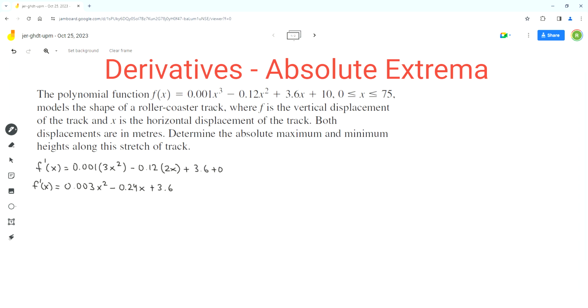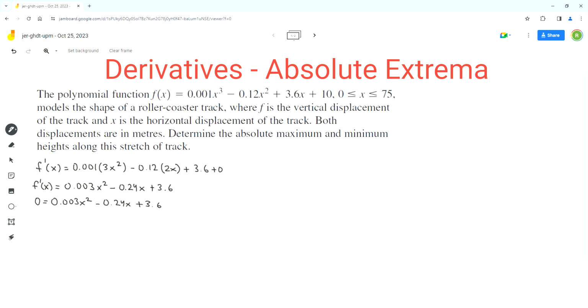Now we'll set the derivative equal to 0, because we have to find the x values where the tangent is horizontal, and that means the derivative is equal to 0. So 0 = 0.003x² − 0.24x + 3.6. So this is the equation we have to solve.